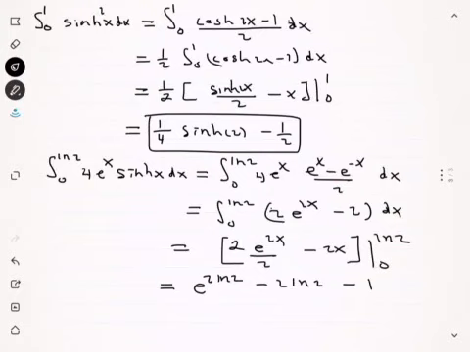Putting all that together will give us 4, because e to the 2 times the natural log of 2 is 4, minus 2 times the natural log of 2, minus 1, and then 4 minus 1 is 3, so this would be 3 minus 2 times the natural log of 2.